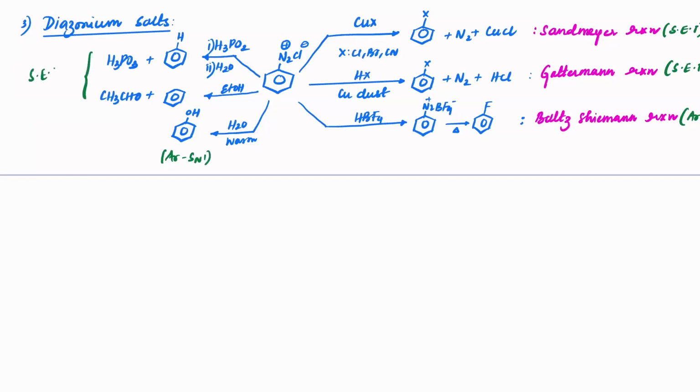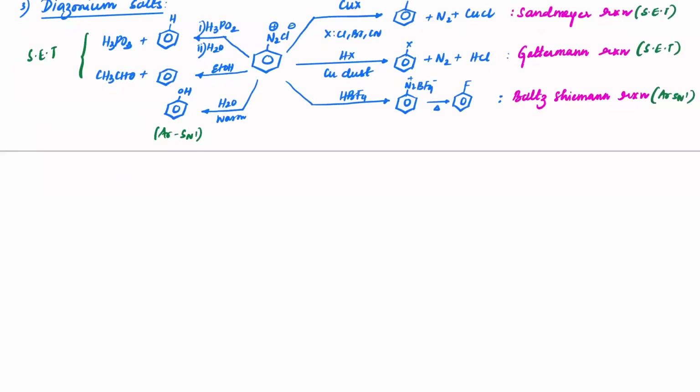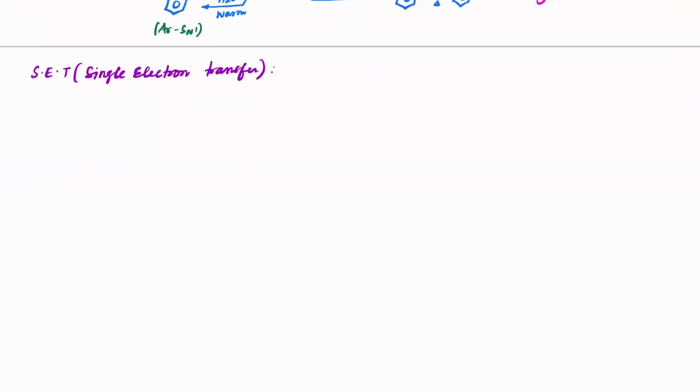What is the SET mechanism? SET means single electron transfer. Single electron transfer basically means a radical mechanism. So it is happening via a radical mechanism.